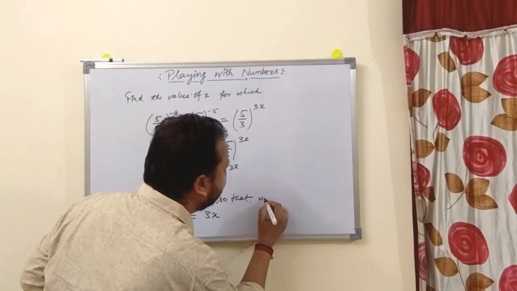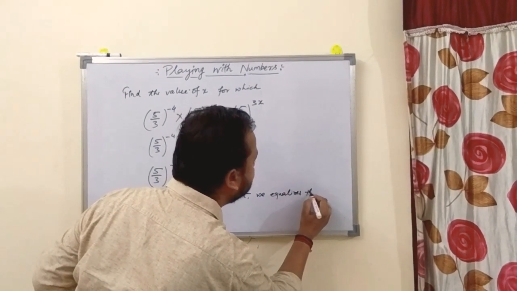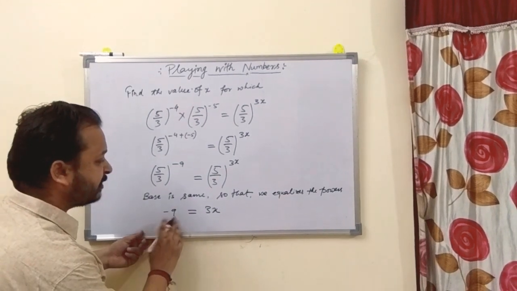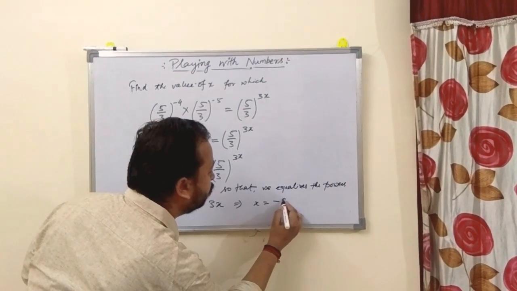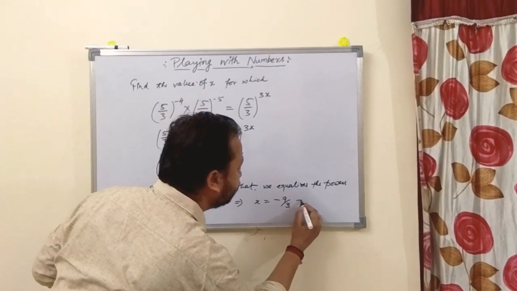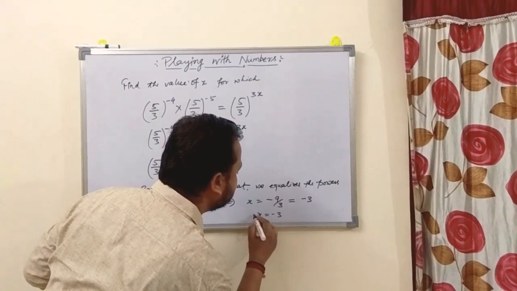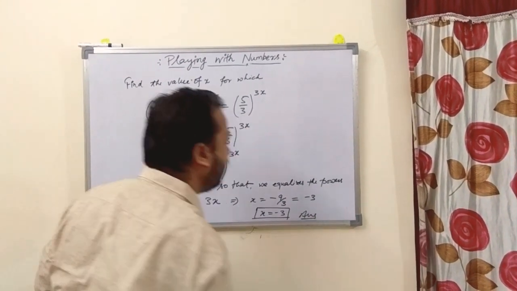So we have equalized the powers. -9 is equal to 3x, then x is equal to -9 divided by 3, that equals -3. So x equals -3 and this is the value of x.